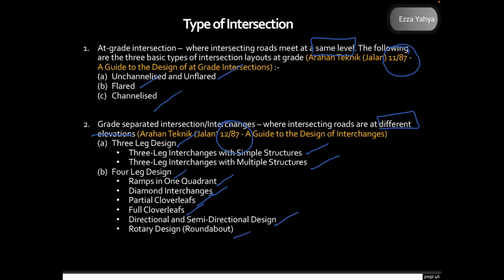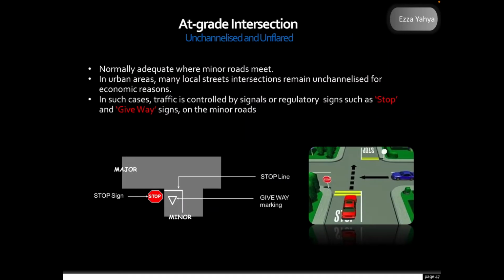Right? So we show some pictures to show you the types of the at-grade intersection and grade separated intersection. Okay, we go through the at-grade intersection. Unchannelized and unflared is normally adequate when minor roads meet. In urban areas, many local street intersections remain unchannelized for economic reasons.